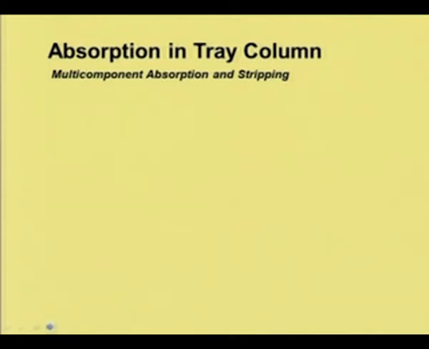So, if we consider n is equal to 1, that is a single tray, then we can obtain y 1 is equal to y 2 dash plus a naught y naught dash by 1 plus a 1.